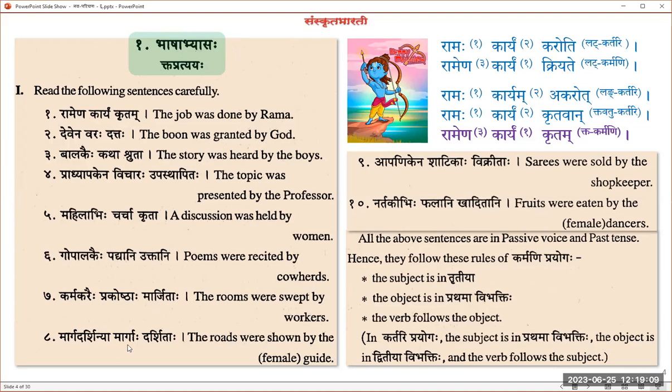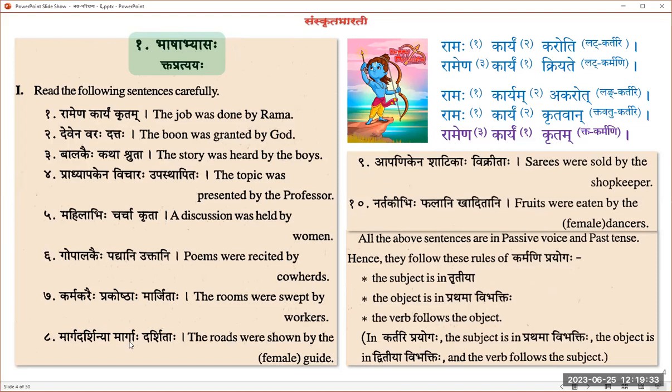Margadarshinya Margaha Darshitaha. The roads were shown by the female guide. Because the Margadarshini shabda, female, has been added, the only way to say it in English is to force that word in to show the guide is a feminine word. Okay, Margadarshinya, by the lady guide. In fact, they should have used lady guide.